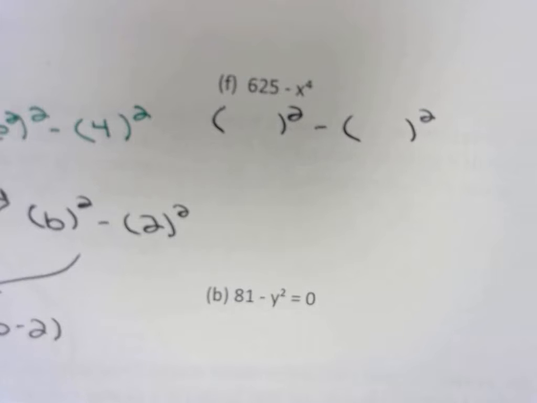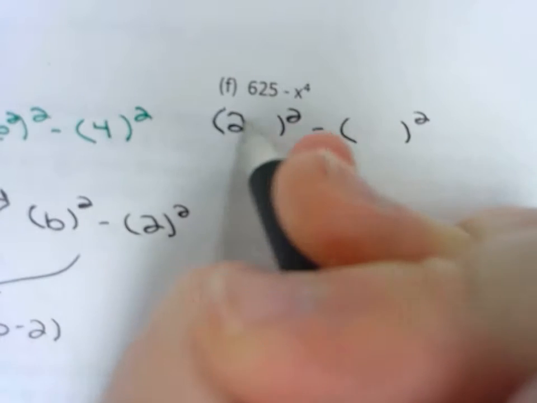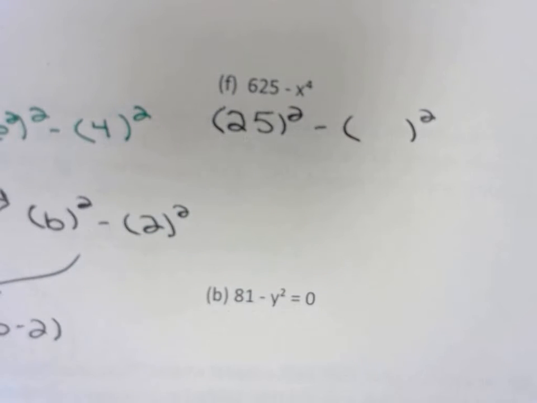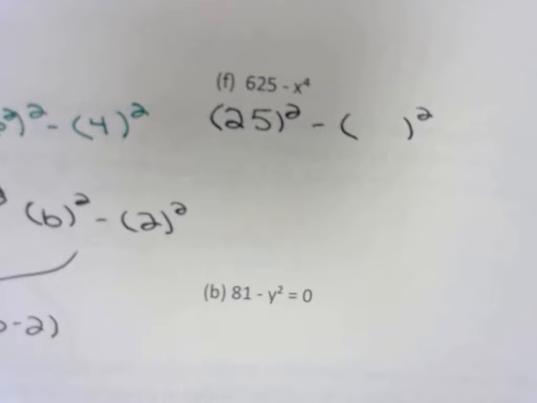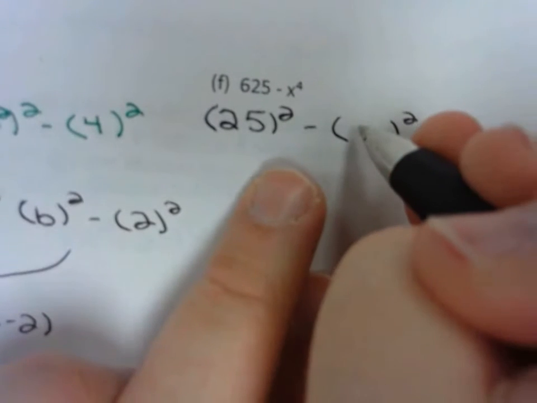So what squared gives me 625? Someone who has a calculator. 25. I believe it's 25. So 25 squared. If it's a big number like this, you just have to go through your calculator and start squaring things. Now, what squared gives me x to the 4th?